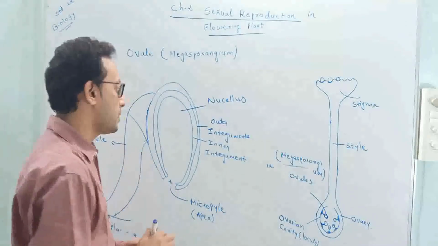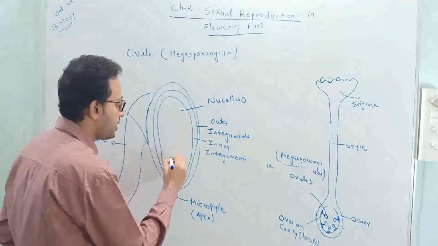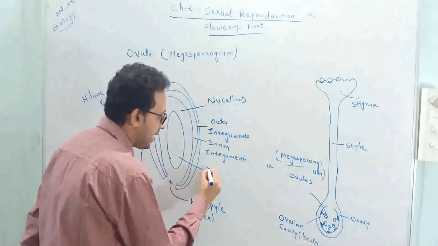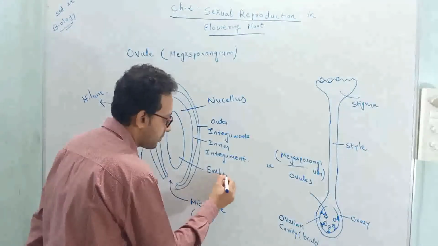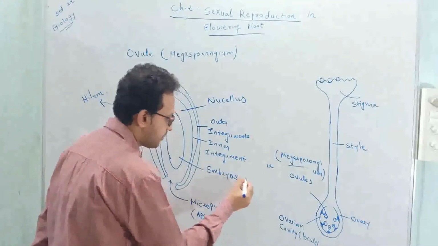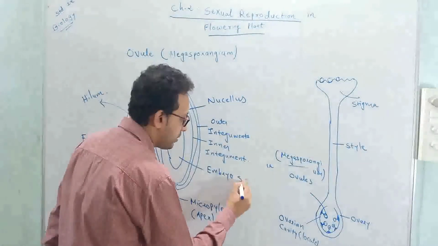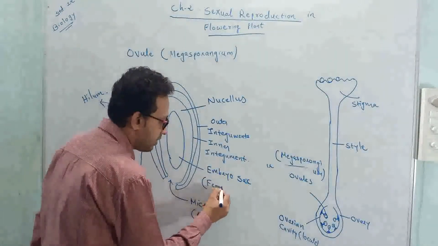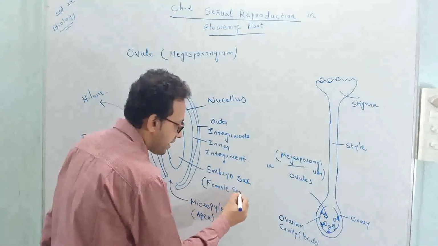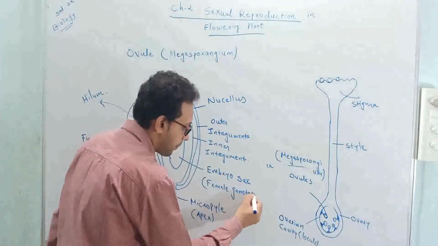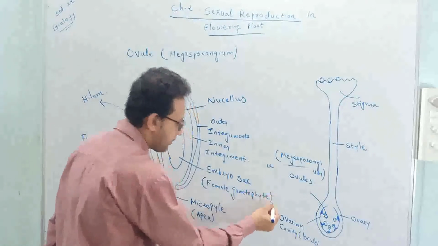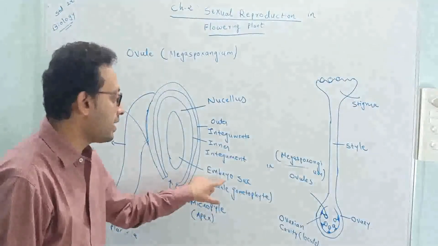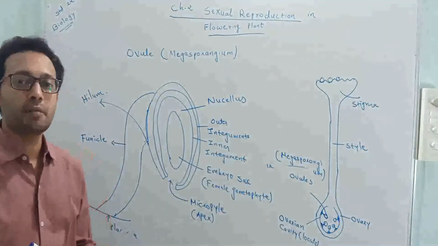Now inside a nucellus there is a presence of the embryo sac, or you can also call it the female gametophyte. Pollen grain is the male gametophyte. Similarly, the embryo sac is the female gametophyte.